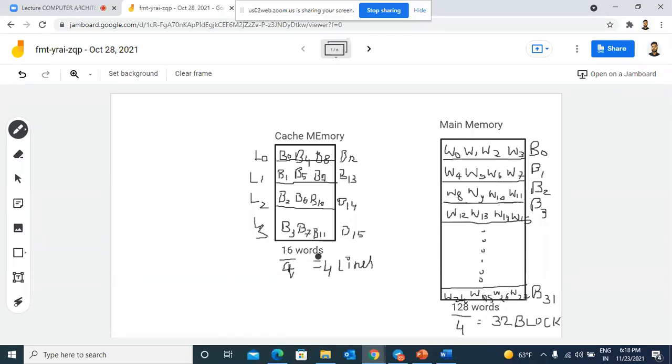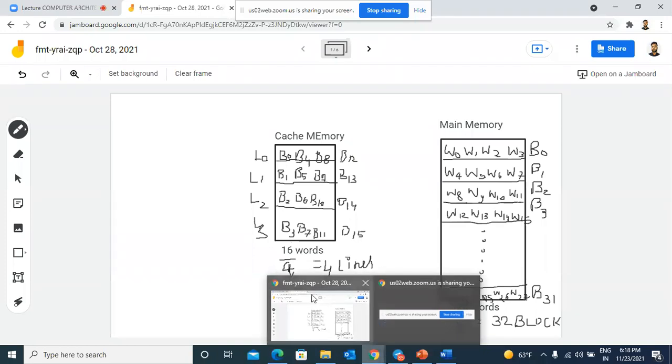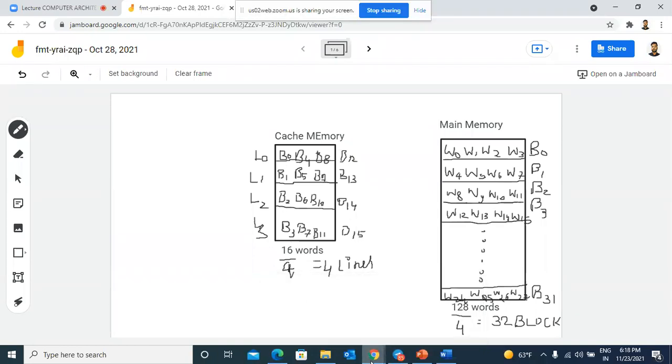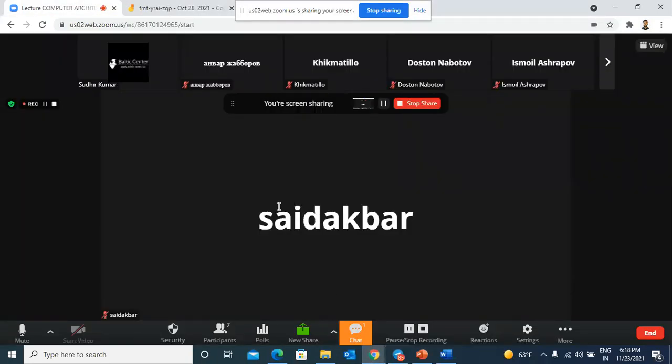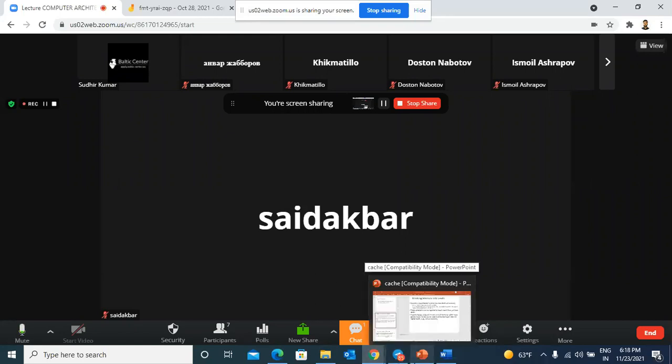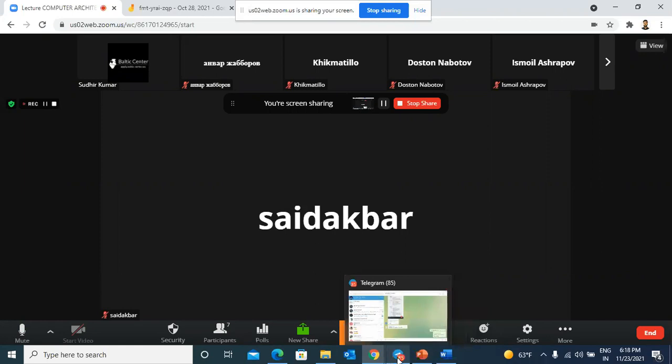It maps each block of main memory. As you understood, we divide main memory into blocks, so each block of main memory maps into only one possible cache line.